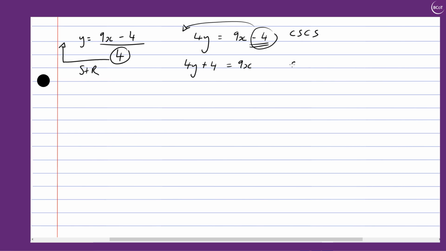Then divide both sides by 9 eventually, but we could have written this as 4 plus 4y equals 9x. They're both right. But to get x when we have 9x, we need to divide both sides by 9 or swap and drop the 9. We end up with 4y plus 4 over 9 is equal to x.